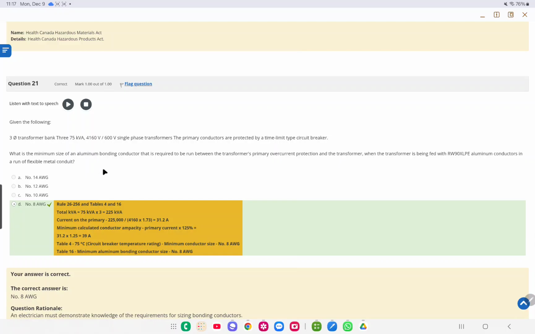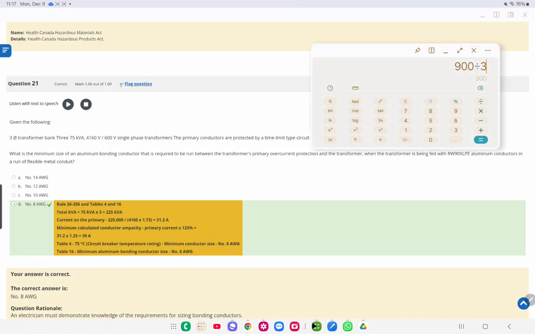So from the information that we're gathering, we need aluminum conductors. So we're looking at table 4. We need overcurrent protection. We need minimum size of aluminum bonding conductor. So that's table 16.